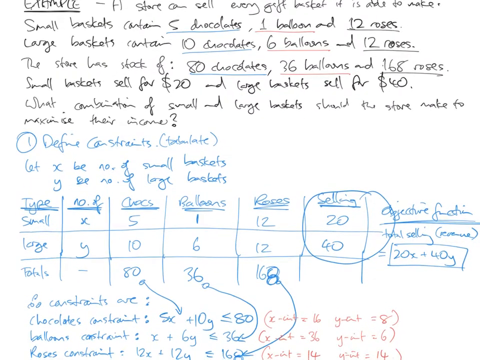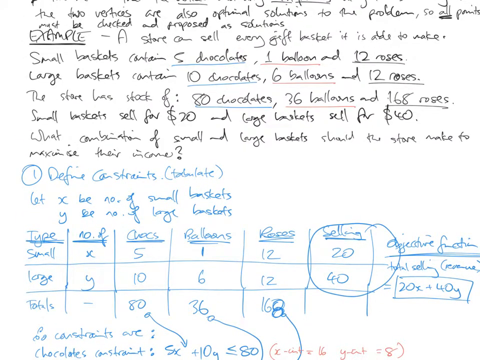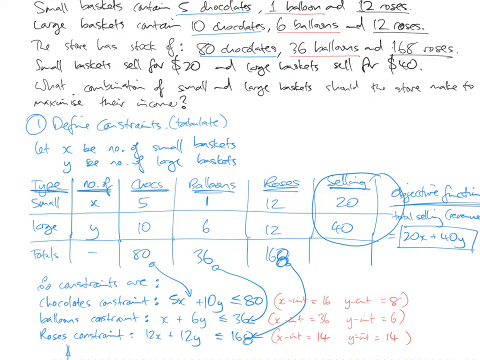You can see how I've underlined the different numbers in the question that are going to set out our constraints. So 5 chocolates, 10 chocolates in the large, 5, 10, and the number defining the number of chocolates overall is going to be 80. 1 balloon in the small, 6 balloons in the large, 36 balloons in stock, 12 roses, 168 in stock, and the selling prices of the different baskets are here.